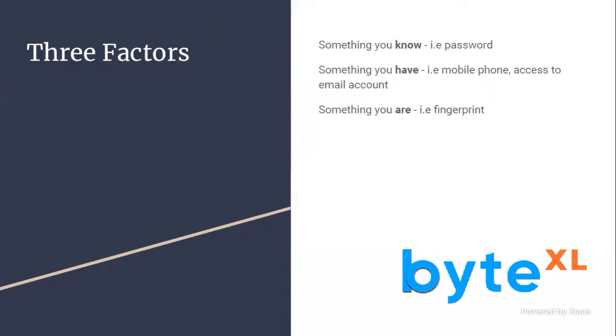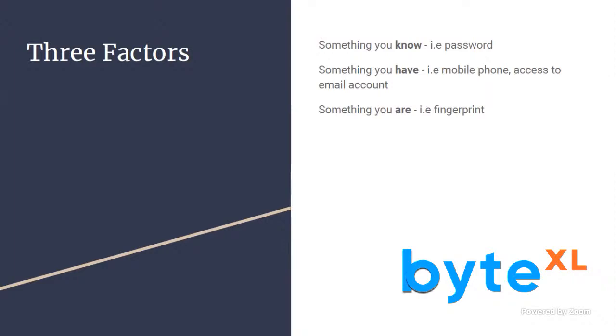There are three factors for authentication. The first is something you know, which is a password. The password that you know, so you can type it. Something you have is a device. For the secondary authentication, you can make use of a phone, or else an email account. Based upon the devices that you have, you can authenticate. And something you are, like a fingerprint or face recognition.